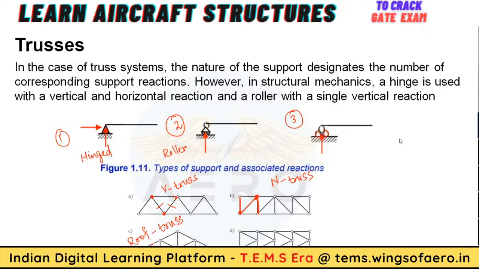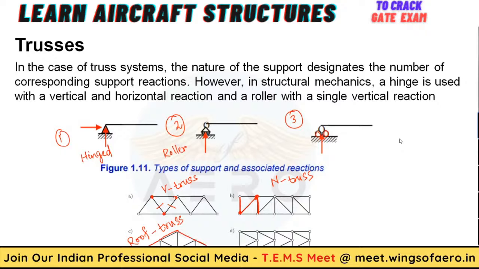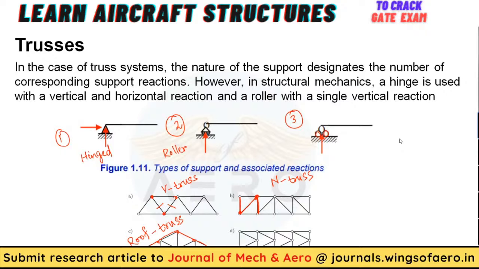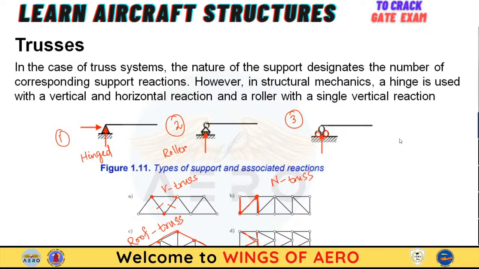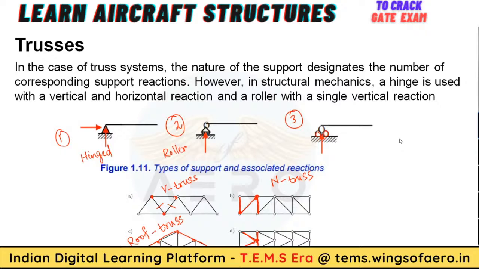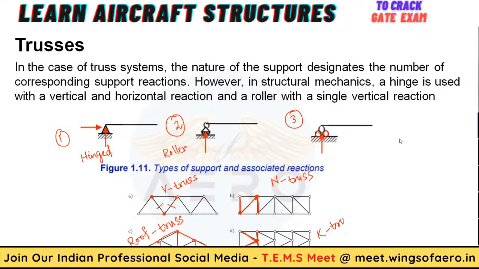Mostly this kind of structure you can find in your lab. Now the K truss looks somewhat like an inverted K shape, so that's why it is known as a K truss.